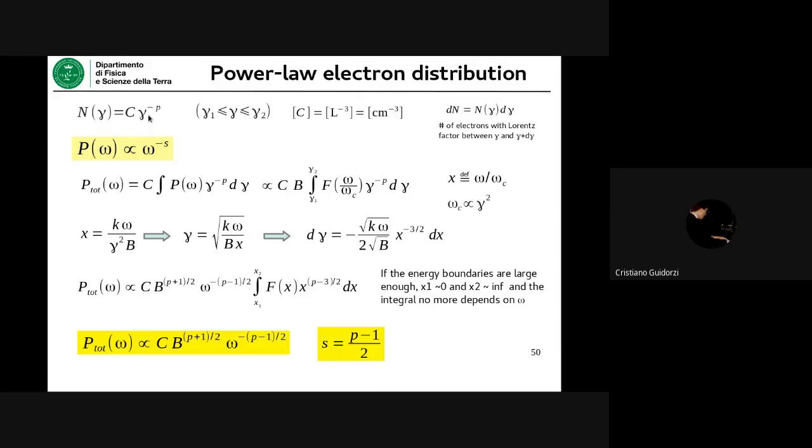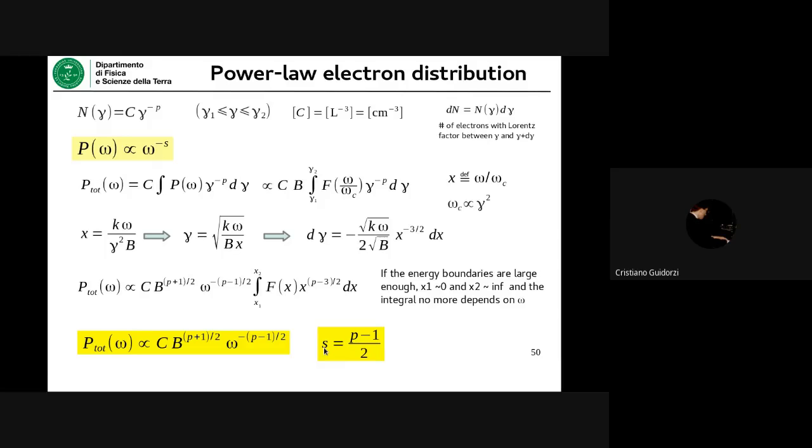So if you know the power law distribution of your population of electrons, you automatically know the power law index of the resulting spectrum. You start from a power law, you end up with a power law. Of course, they live in different spaces. This is the power law describing the distribution of the energy of the electrons. This is the power law of the resultant spectrum. So you know p, you automatically know S.